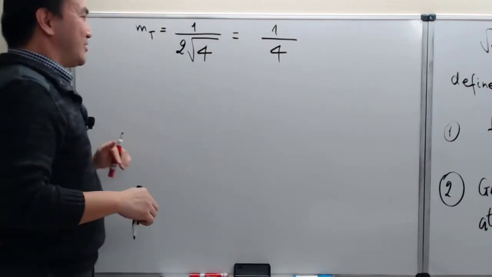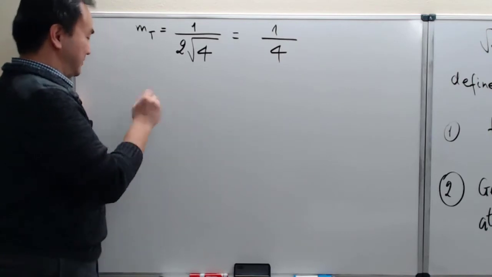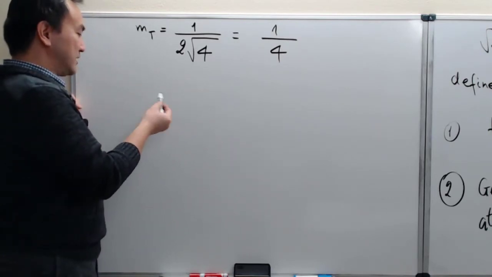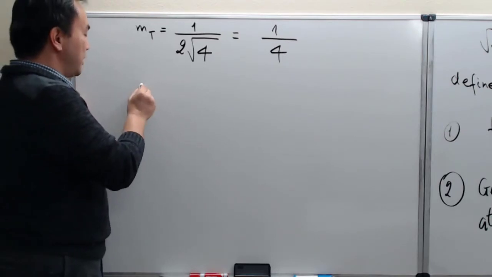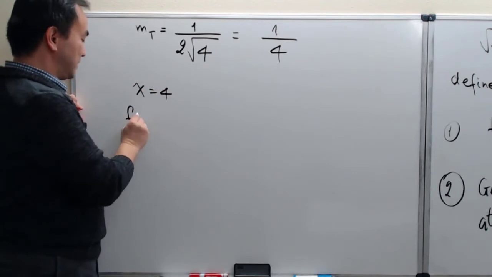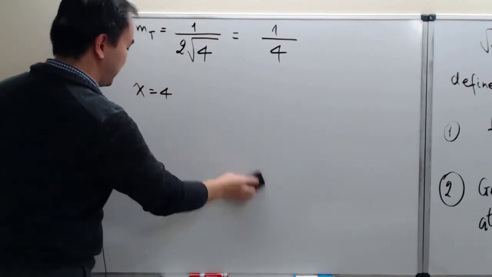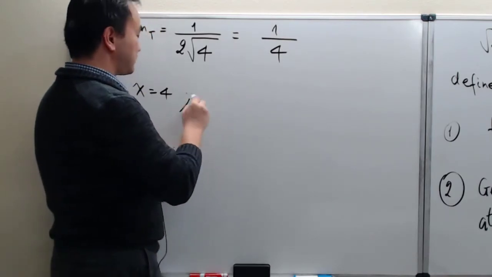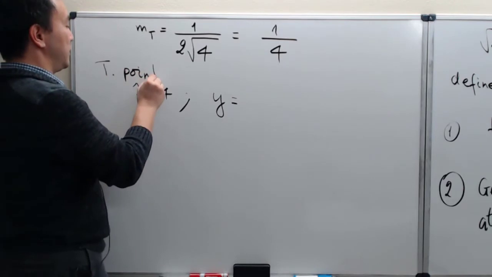Okay? And so now, with your tangent line equation, we need the tangent point. In case anyone's still going a little loosely with this, the tangent point comes from where x equals 4. We're going to substitute to find the y value. I should have written that in the same line right there. But this is the tangent point, t point.